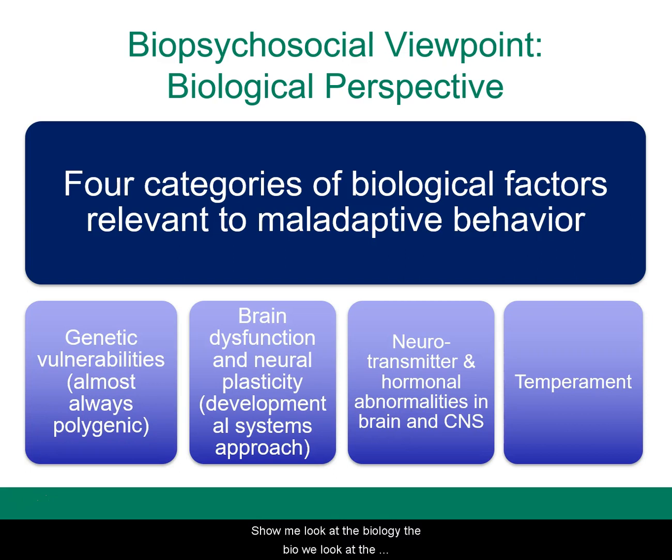So if we look at the biology, the bio, we look at the psychology, the psycho, and we look at the social, okay? We're mixing those all together. Just like we combined diathesis and stress, now we're combining the biological, the psychological, and the sociological together into another model to identify what is really the cause or the etiology of these disorders.